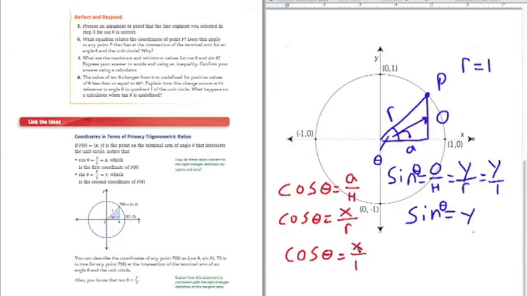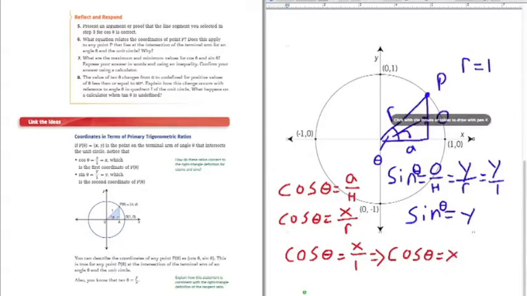Remember that our radius for a unit circle is 1, so this means that cos theta equals x.